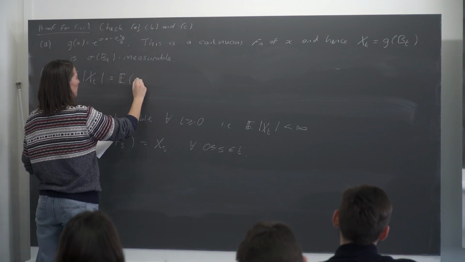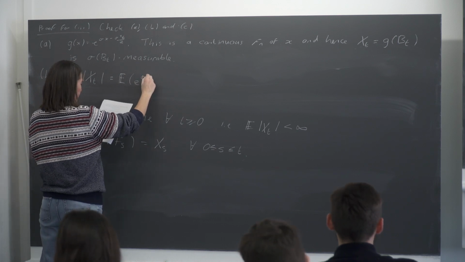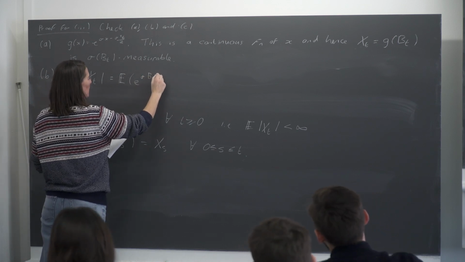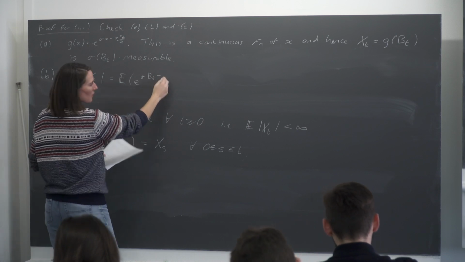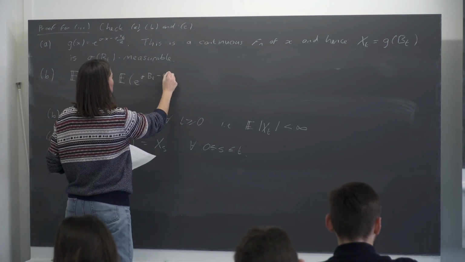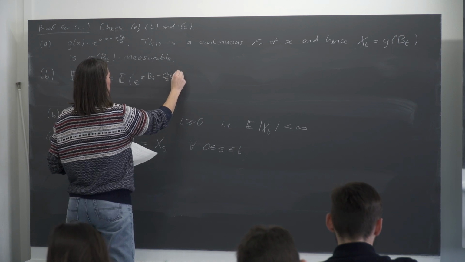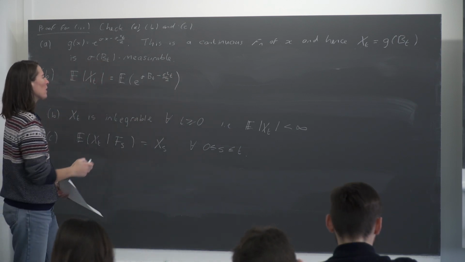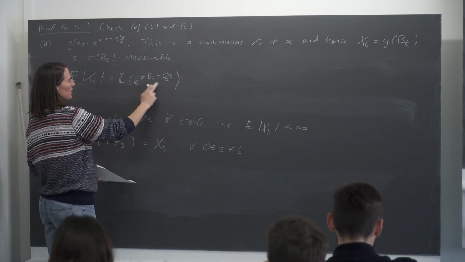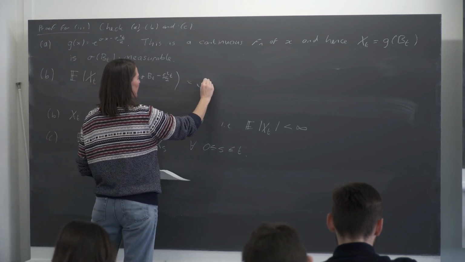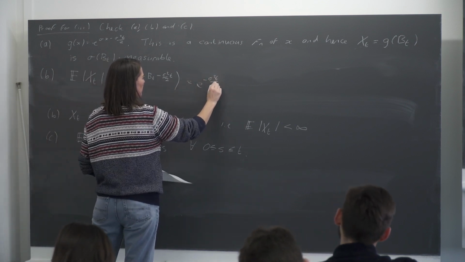expected value of e to the sigma Bt minus sigma squared t over 2. Well, this is a constant, so we can pull that outside. So we can take out the e to the minus sigma squared t over 2.